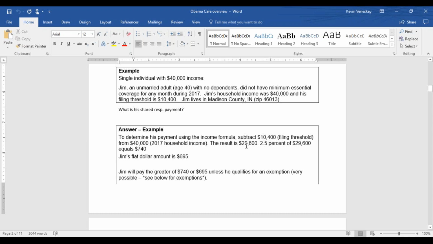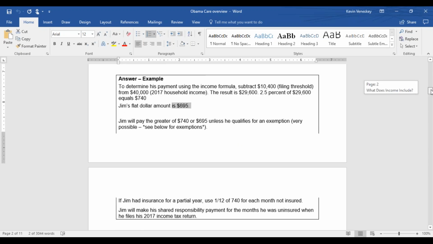So when I take $40,000 and subtract out his filing threshold, we get $29,600. 2.5% of that $29,600 is $740. We take the greater of that number, $740, or the flat dollar amount of $695. Therefore, Jim is going to need to pay on his tax return for not having insurance $740.